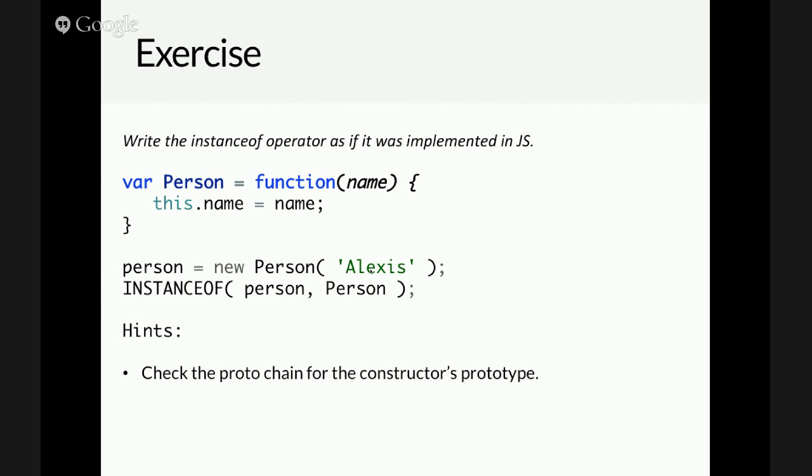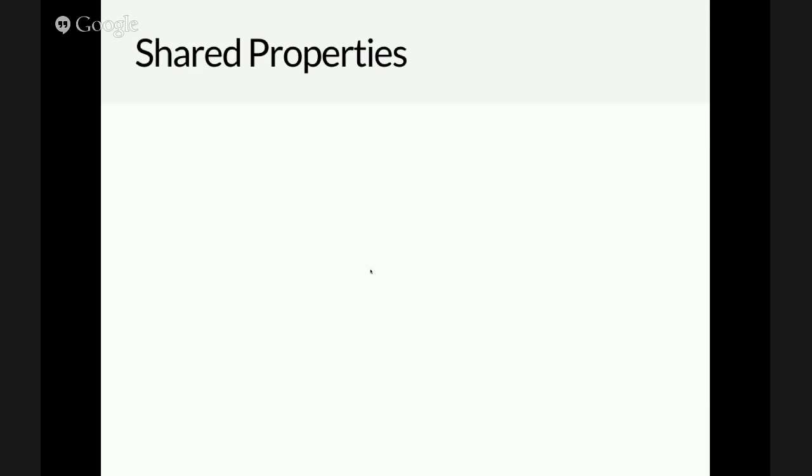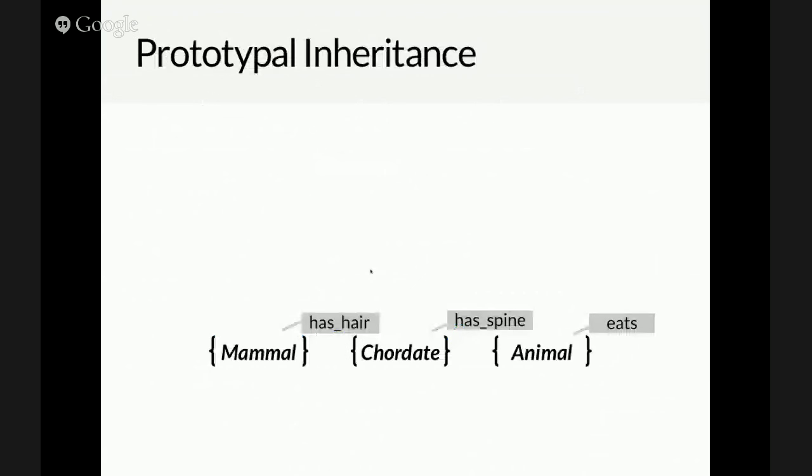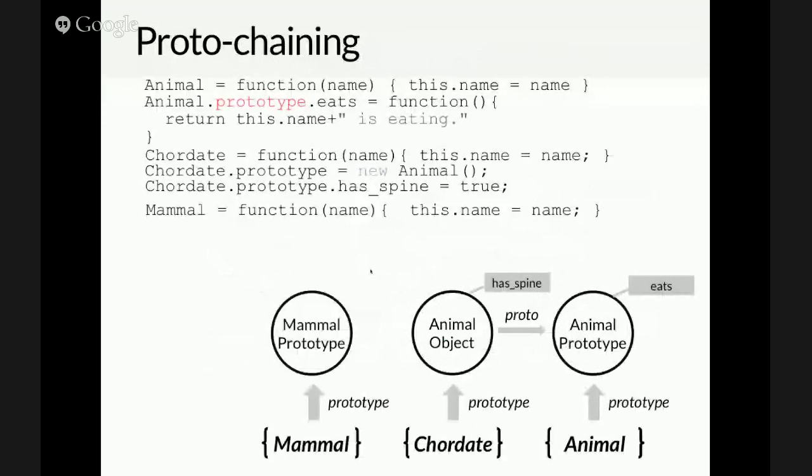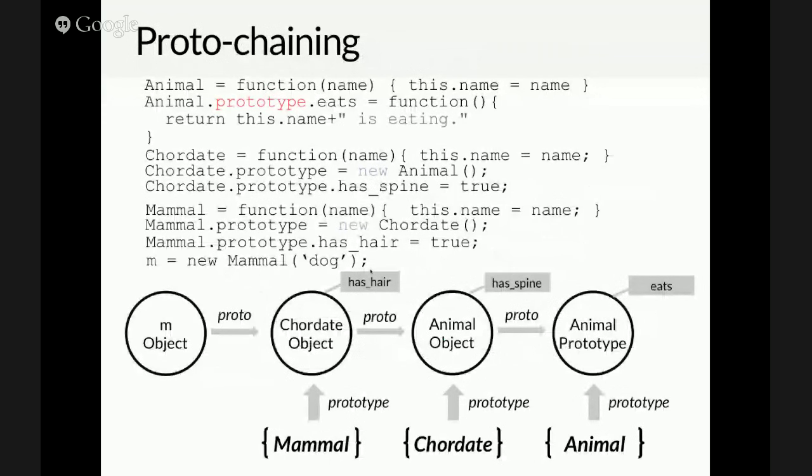In our case with mammals and animals, m is an instance of animal, it's an instance of chordate, and it's an instance of mammal. These are all true because instanceof will walk up the __proto__ chain and check each constructor to see if that is what we expect. Does that make sense to everybody? Let me know if it doesn't.